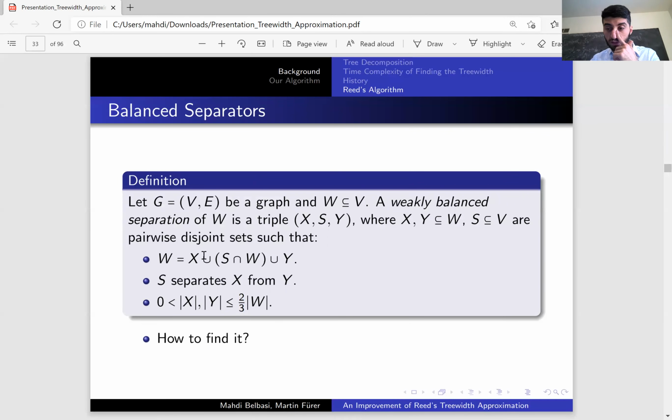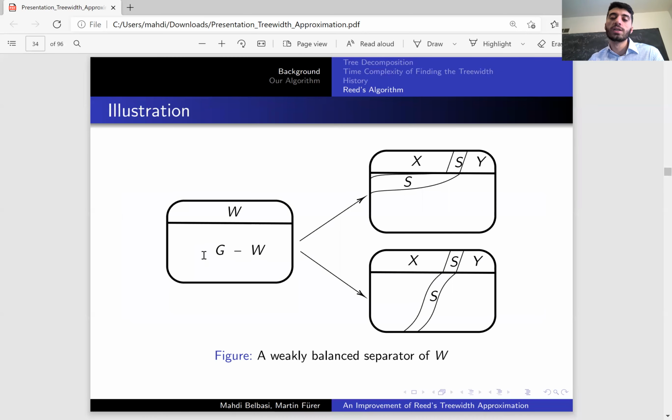The figure that we are going to show in the next page will make it more clear. So if this is G, we have W, we have G minus W. So S actually separates W into X, S intersection W, and Y. And as you see, the sizes of X and Y are not greater than 2/3 of the size of W. So it splits W in a somewhat balanced way, but it doesn't say anything about the rest of the graph.